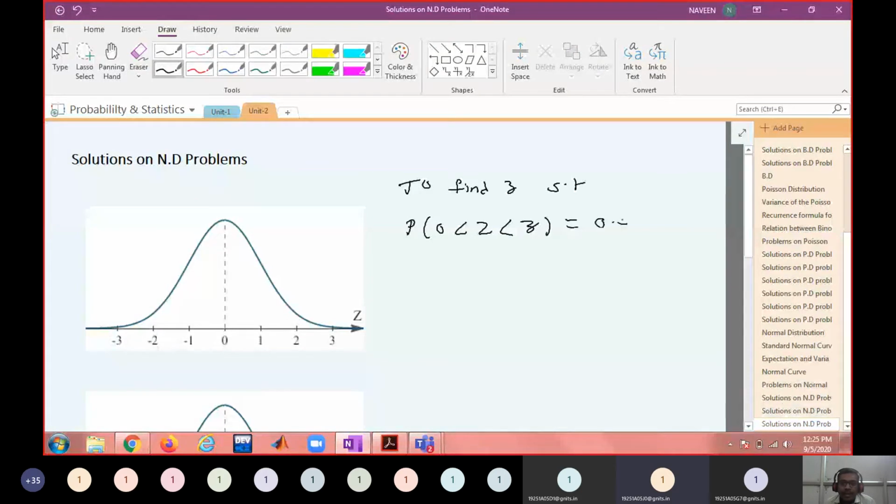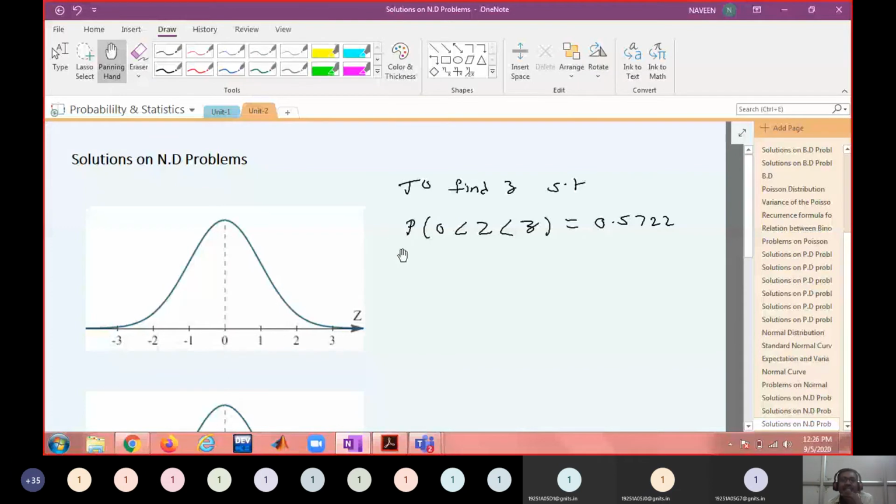Sir, it's from minus 0.23. Okay. Before going to that, tell me whether this z value is going to be positive or negative. So you have to find z such that this probability is equal to 0.5722. Positive, sir. Can z be negative? No, sir. See, here itself it is telling 0 less than z, so z is positive only.